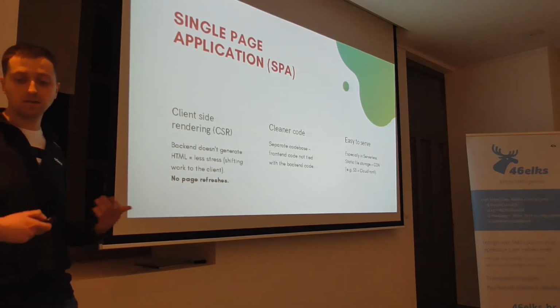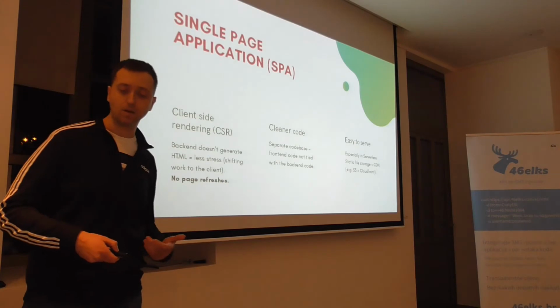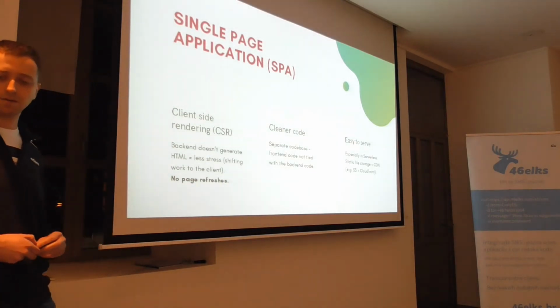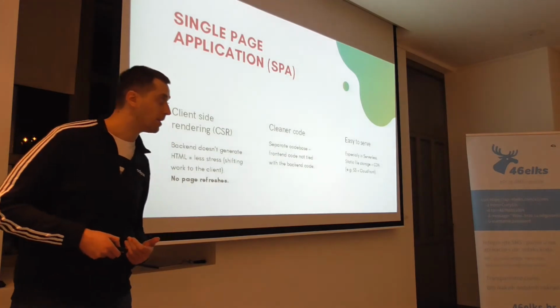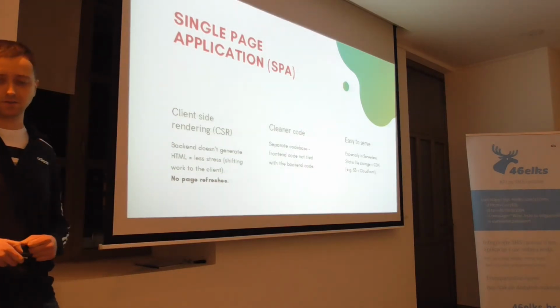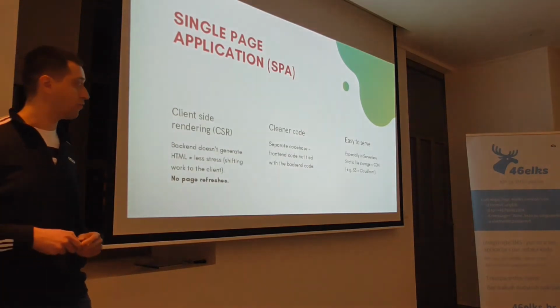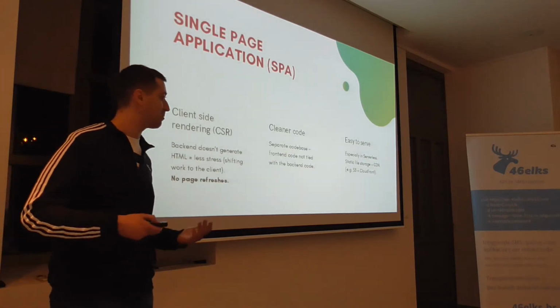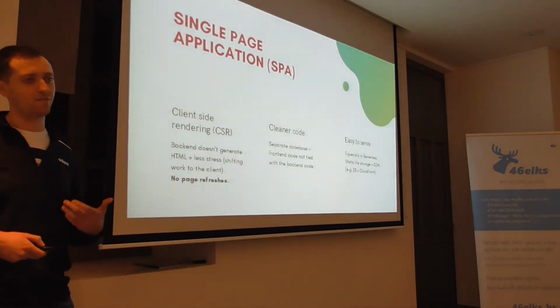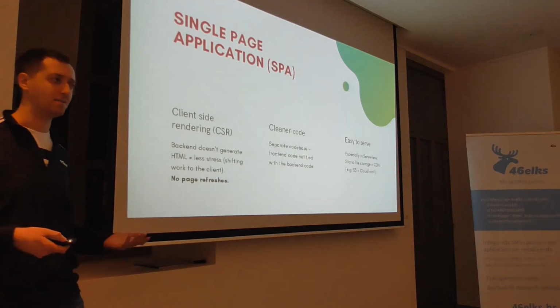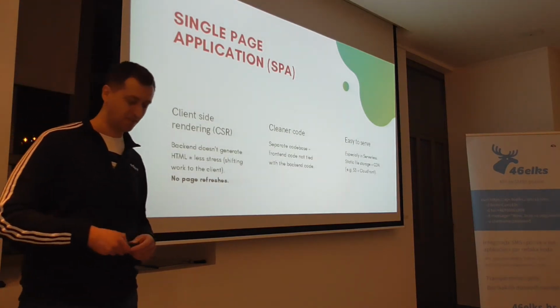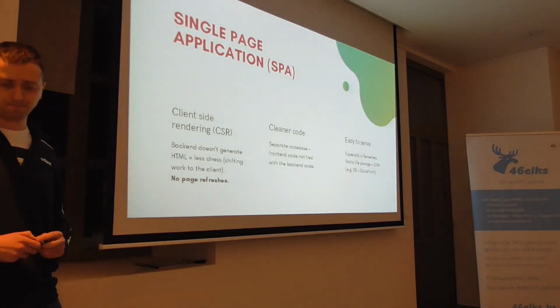And if we want things to work even faster, then we can just place a CDN in front of the S3 storage, and basically we are immediately ready to serve our app to millions of users. That being said, of course, your single-page application will be as fast as your backend. So if you have a slow backend, you cannot expect the SPA to work fast. I just wanted to note that.